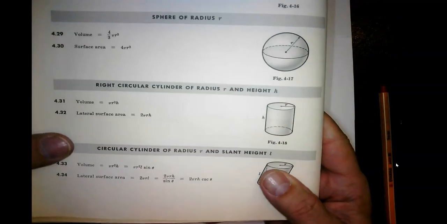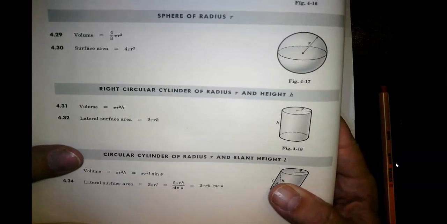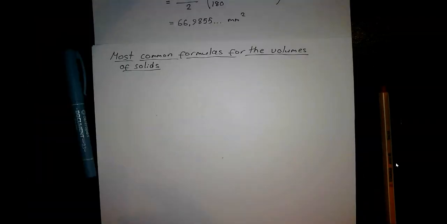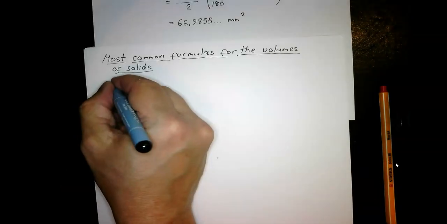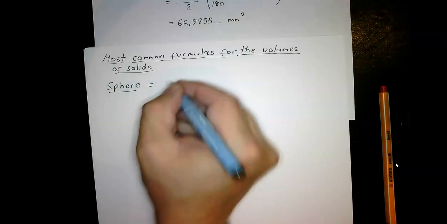Let's take the sphere first. Sphere of radius r. In Finnish pallo.